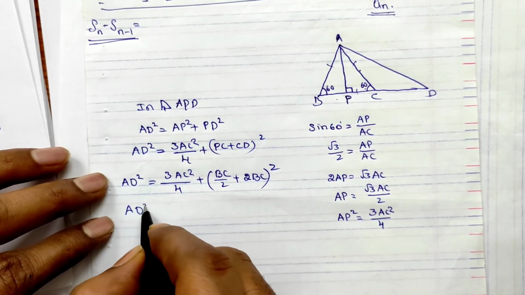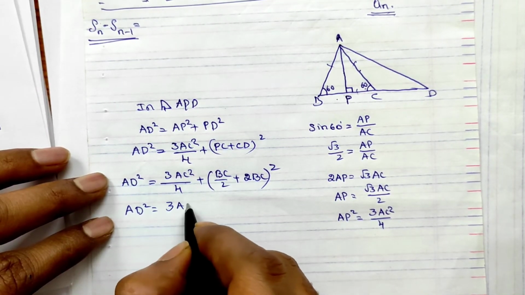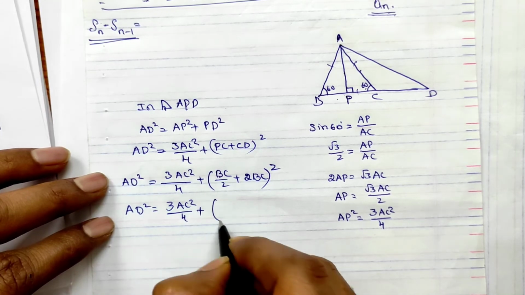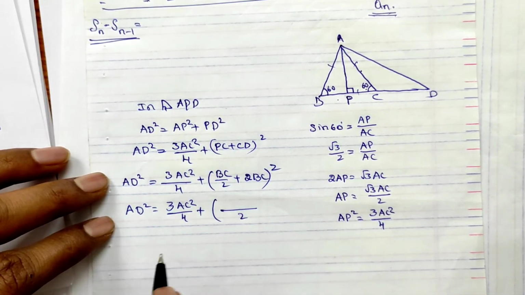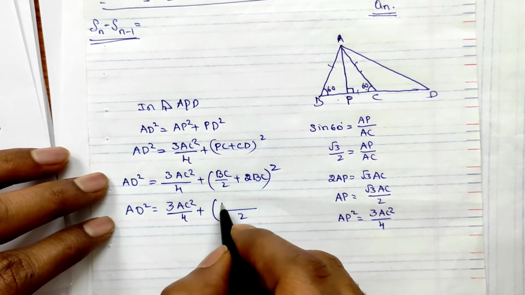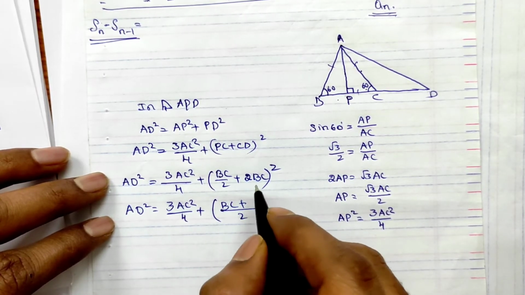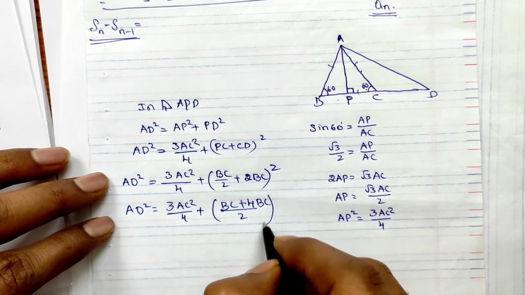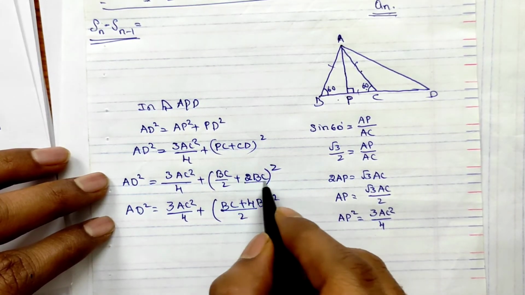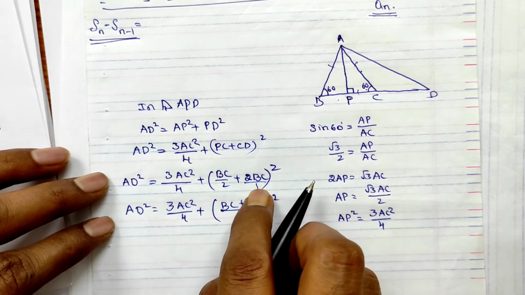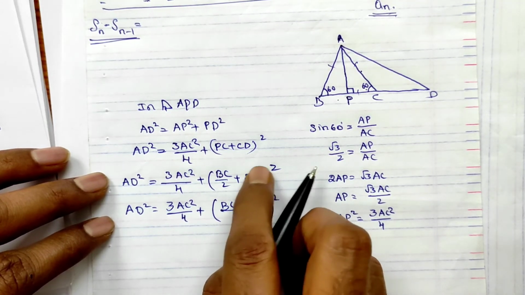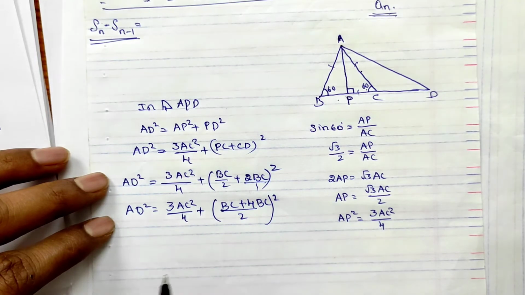AD square is equal to 3AC square divided by 4 plus, here we have to take the common LCM, which is 2, that is BC plus 4BC whole square. LCM for 2 and 1 is 2, so 2 into the numerator 4BC.